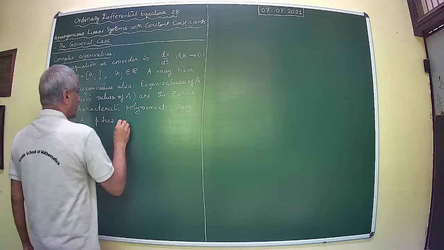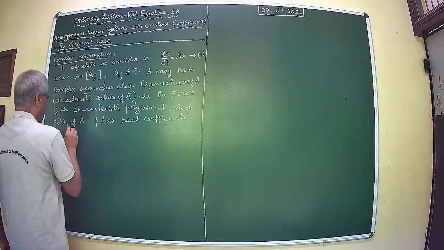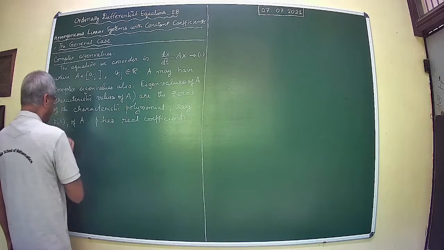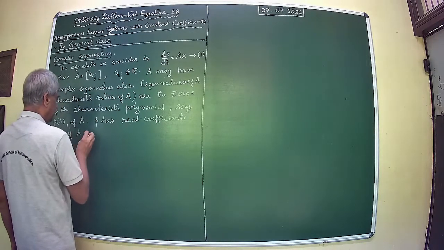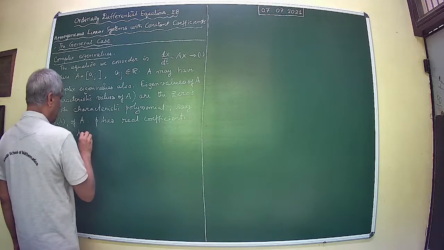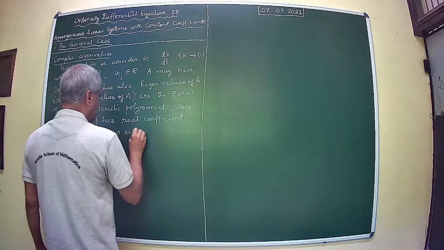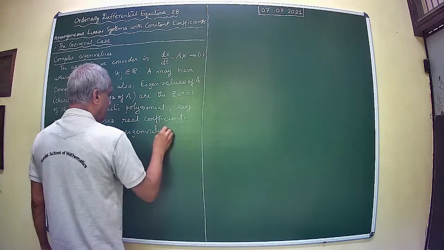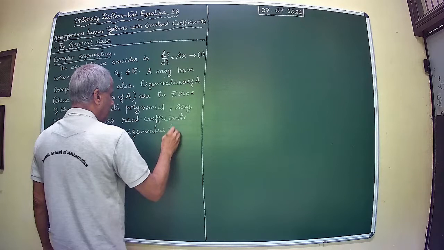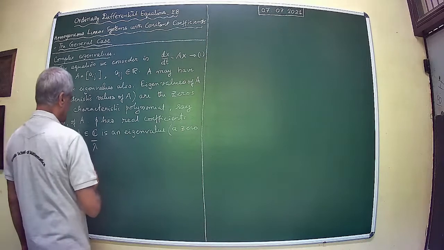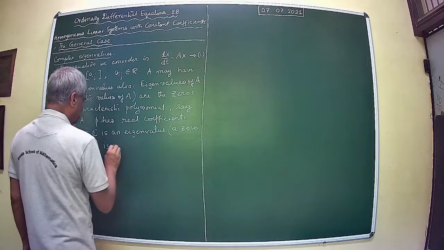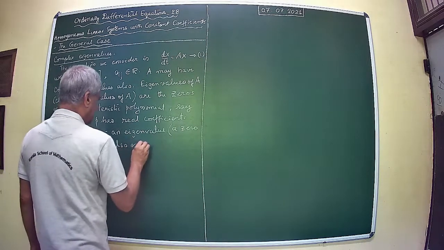Which implies that if lambda belonging to C is an eigenvalue of A, a zero of p, then lambda conjugate is also an eigenvalue.